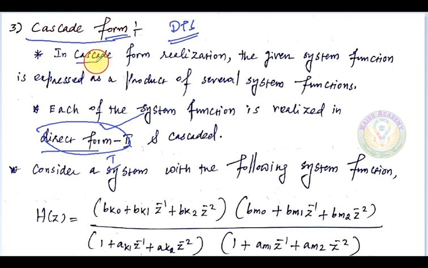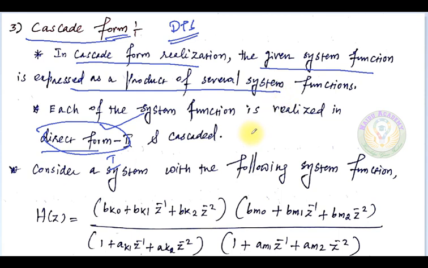In the cascade form realization, we are going to realize a given system function as a product of several functions, two or more than two, it may be.